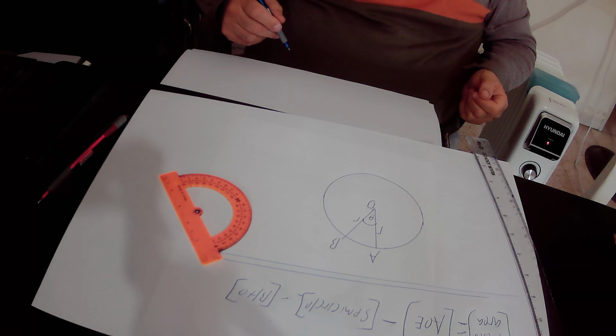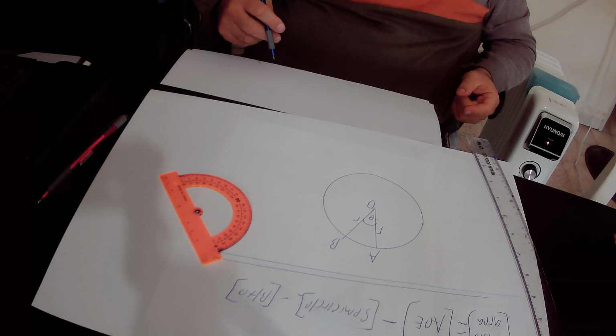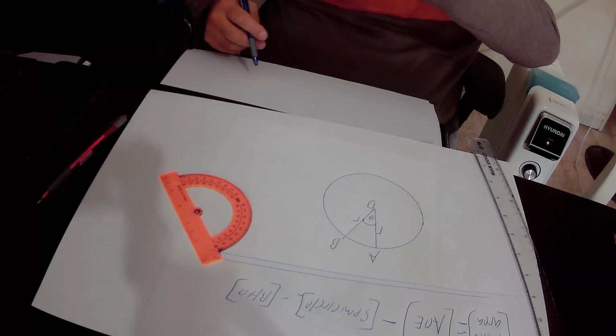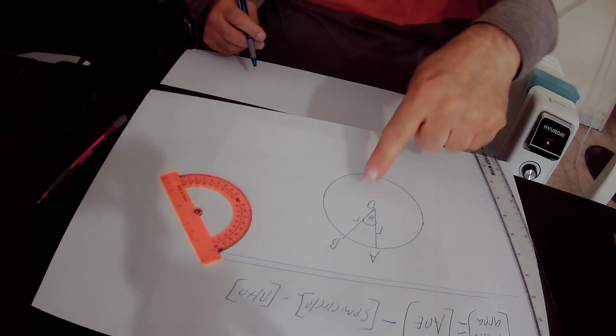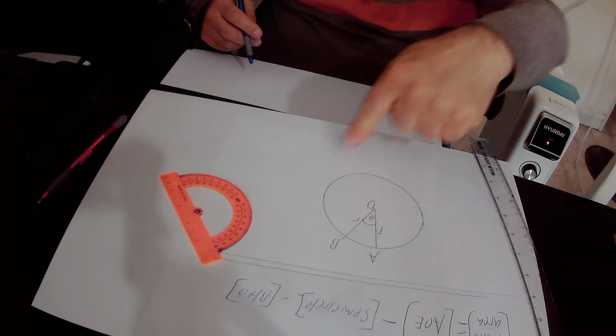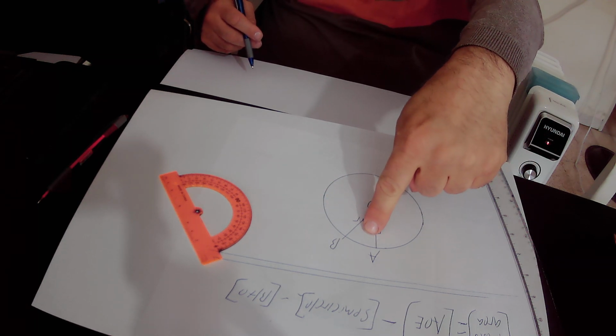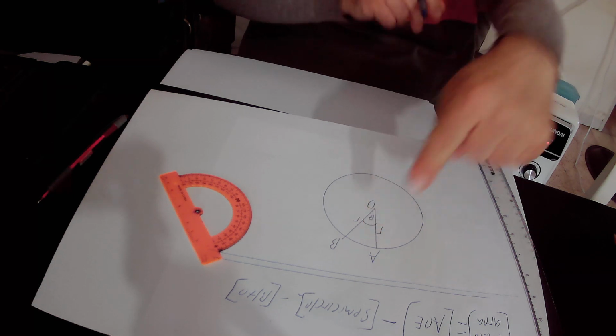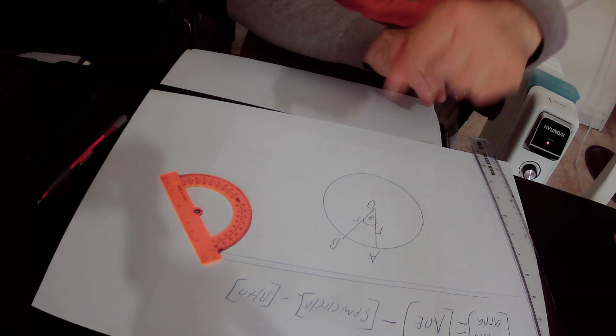If we define the circle as a cake, then a slice of a cake is the definition of a sector. If this is a cake, then this slice is the sector AOB.